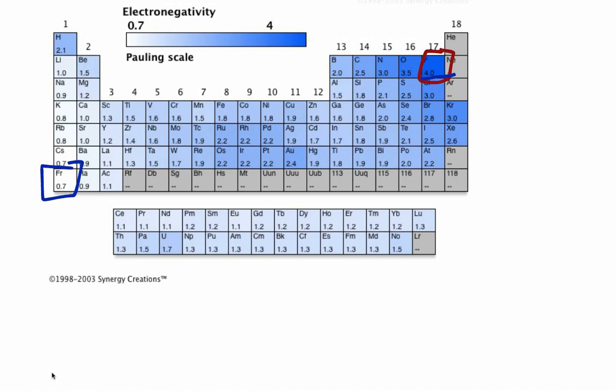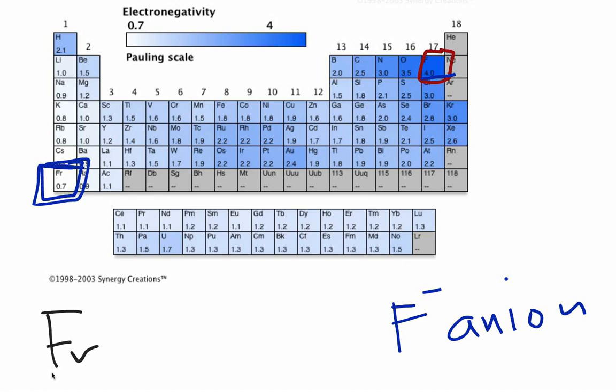All these elements are based off of the electronegativity of fluorine because it's our strongest. If you have an electronegativity of 4, you have a big likelihood of removing the electron and becoming a negative ion, becoming an anion. If you have a really low electronegativity like francium, you have a high probability of losing that electron.